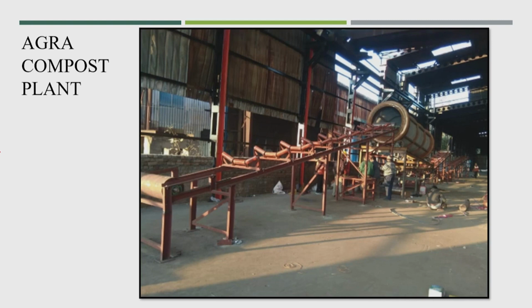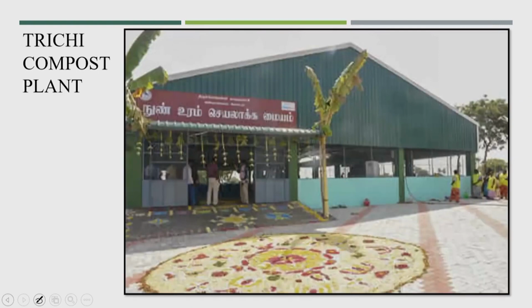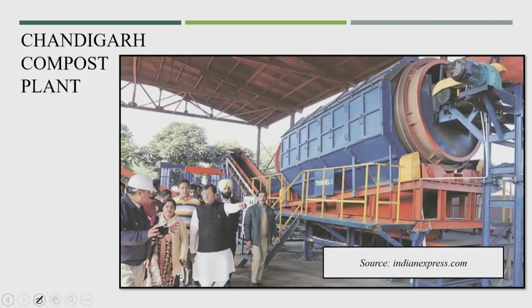This is the Agra compost plant, with a different kind of trommel. This is the Ambala compost plant, these are the trommels you can see. This is the Trichy compost plant, and this is the Chandigarh compost plant. So, this is the trommel.